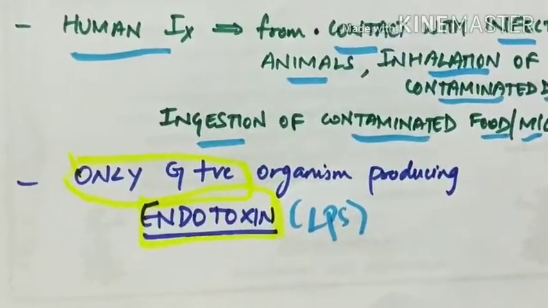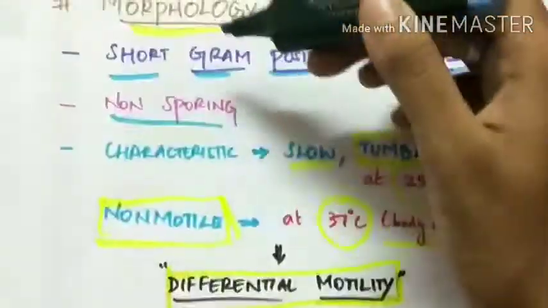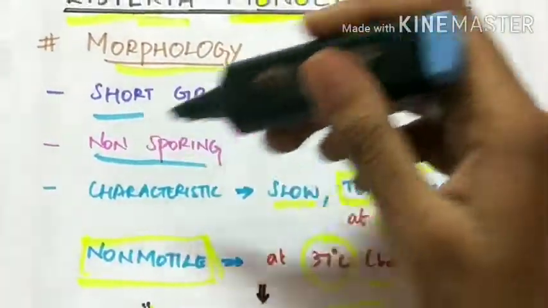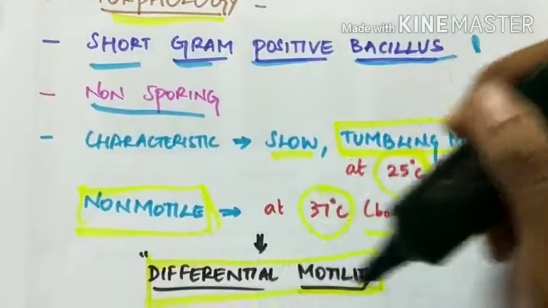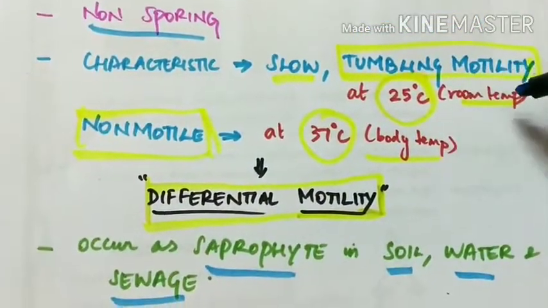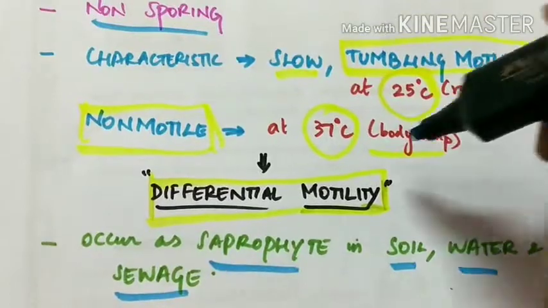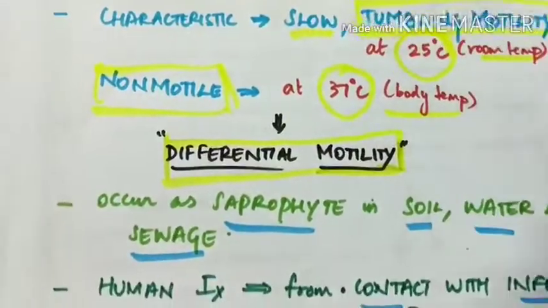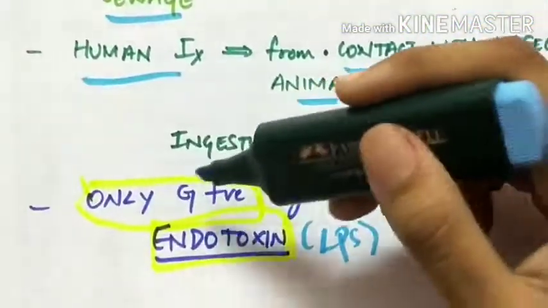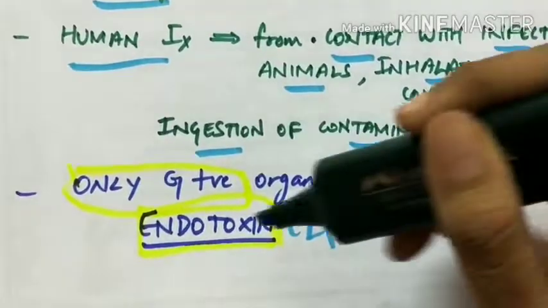So it is a short gram-positive bacillus, non-sporing, showing differential motility: tumbling motility at room temperature and non-motile at body temperature.